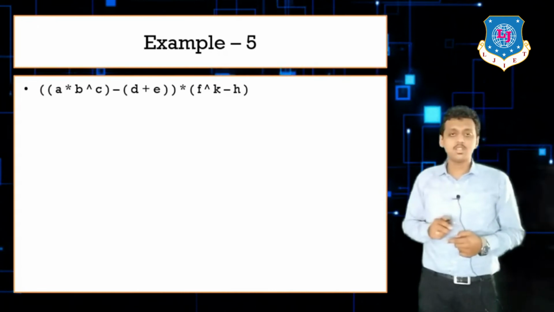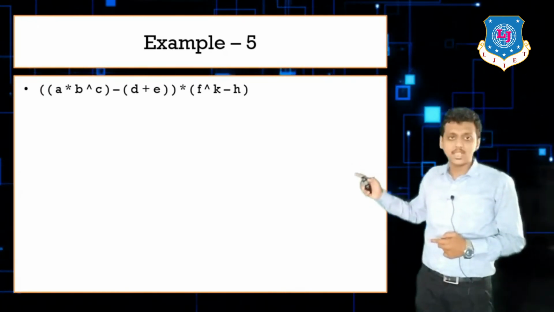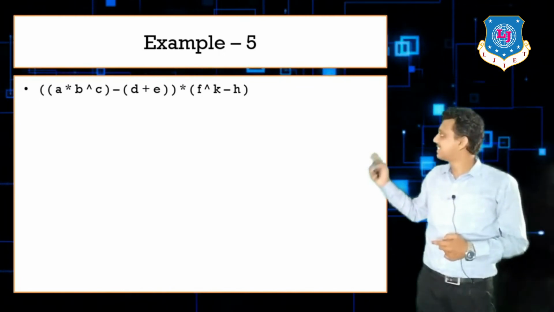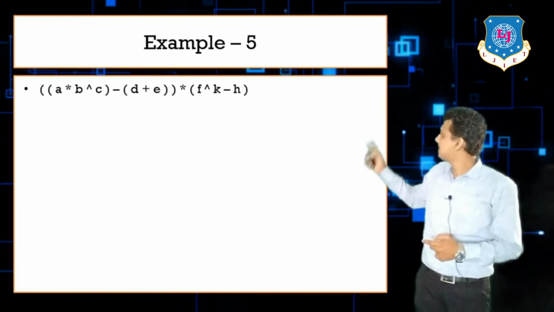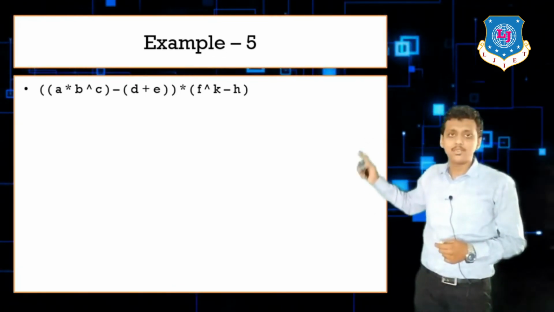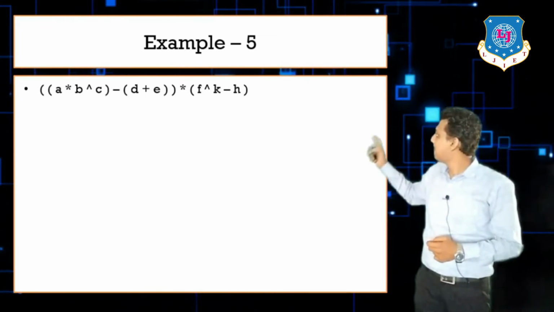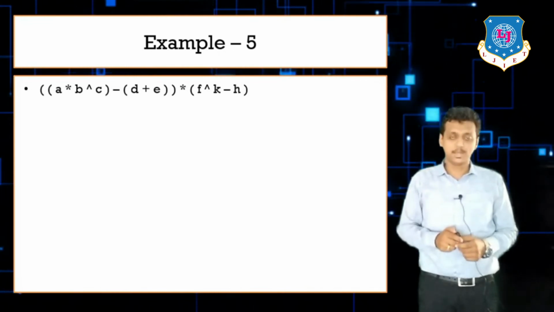So here we first need to open up the bracket: open bracket, then A plus B caret C, closing bracket, then minus, opening bracket D plus E closing. Then we have star, opening F caret K minus H, and then closing bracket.